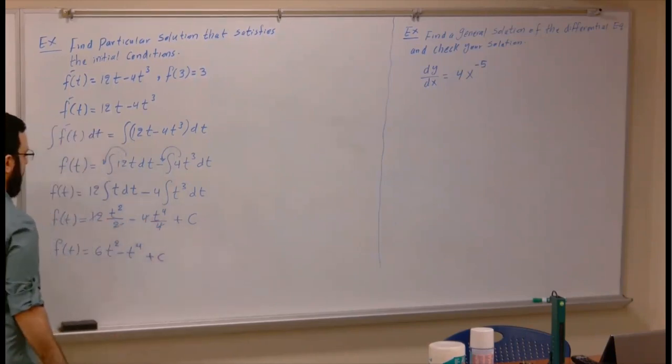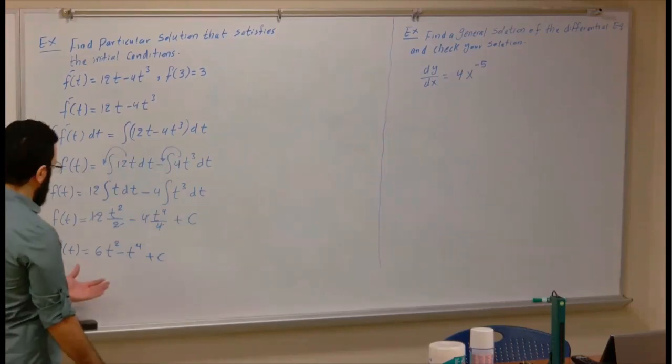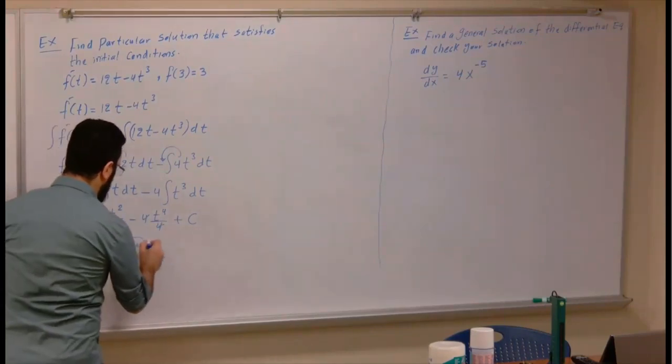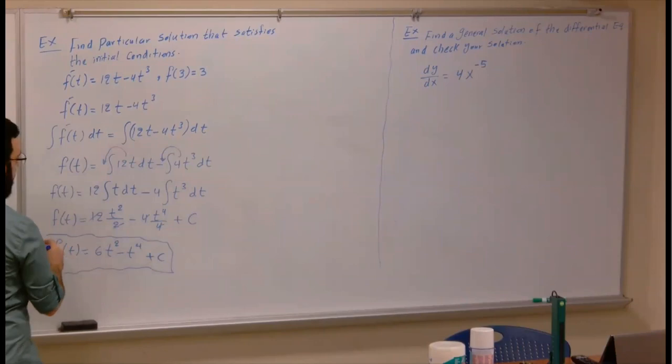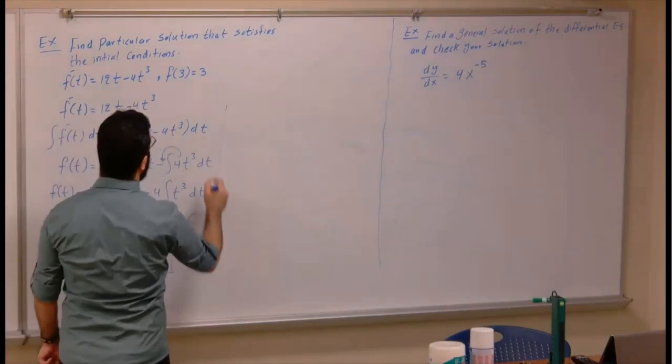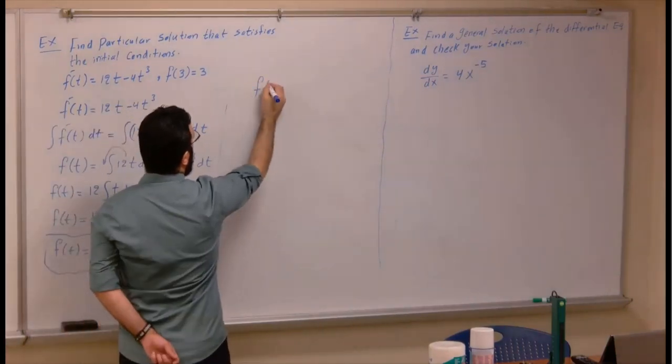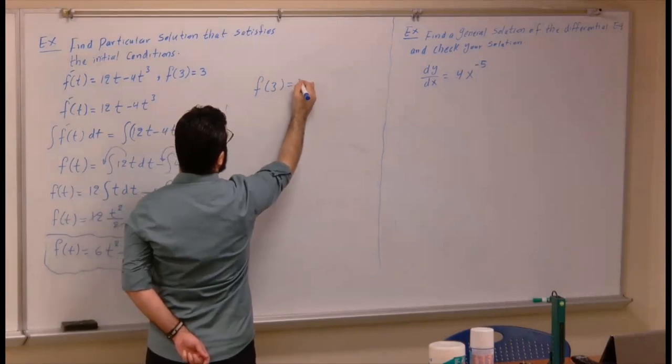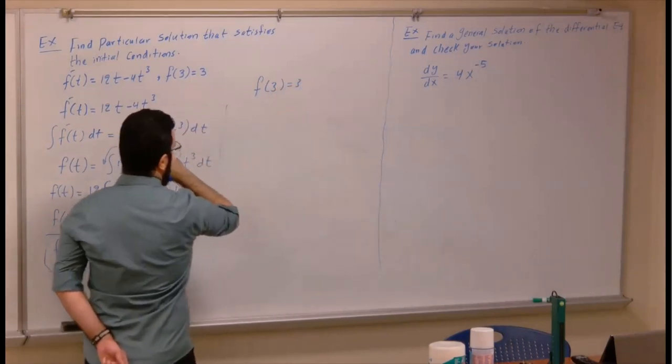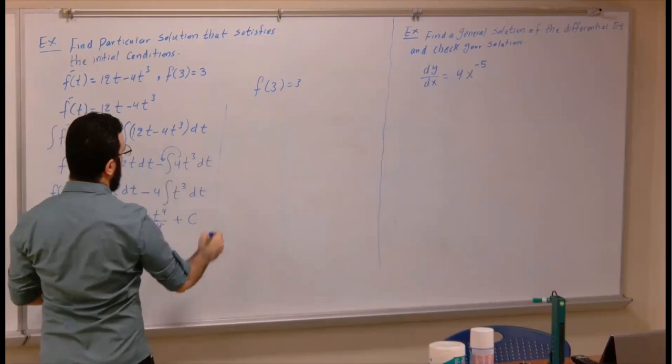The 6 and this cancel. So here's our general solution. We need to find the particular solution with the initial condition f of 3 equals 3. That means I'm going to plug in here.